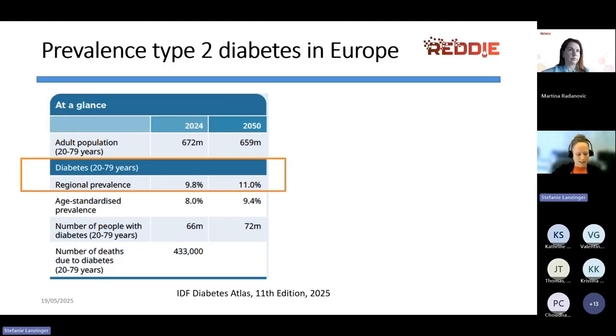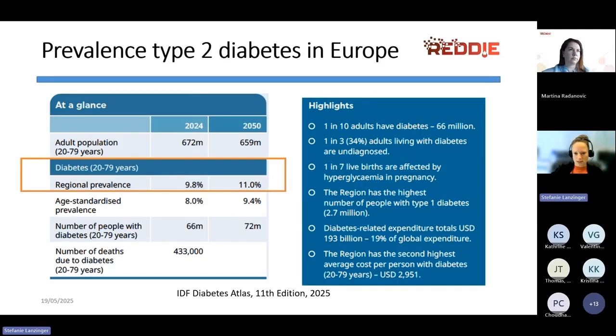And it is projected at the moment that this prevalence will increase to 11% until 2050. So at the moment, 1 in 10 adults have diabetes, which refers to 66 million people, and 1 in 3 adults living with diabetes are undiagnosed. 1 in 7 live births are affected by hyperglycemia in pregnancy, and the number of people living with type 1 diabetes in Europe is currently estimated to be 2.7 million people.